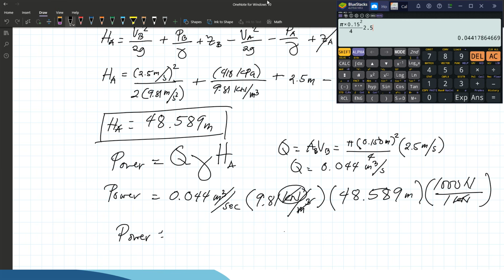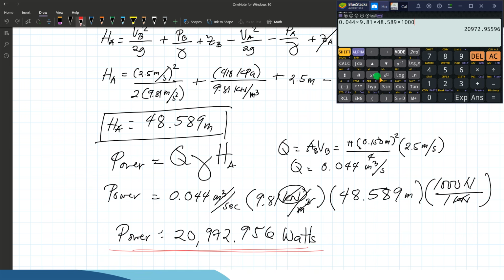So, power is equal to 0.044 times 9.81 times 48.589 times 1000. That's 20,972.956 watts.